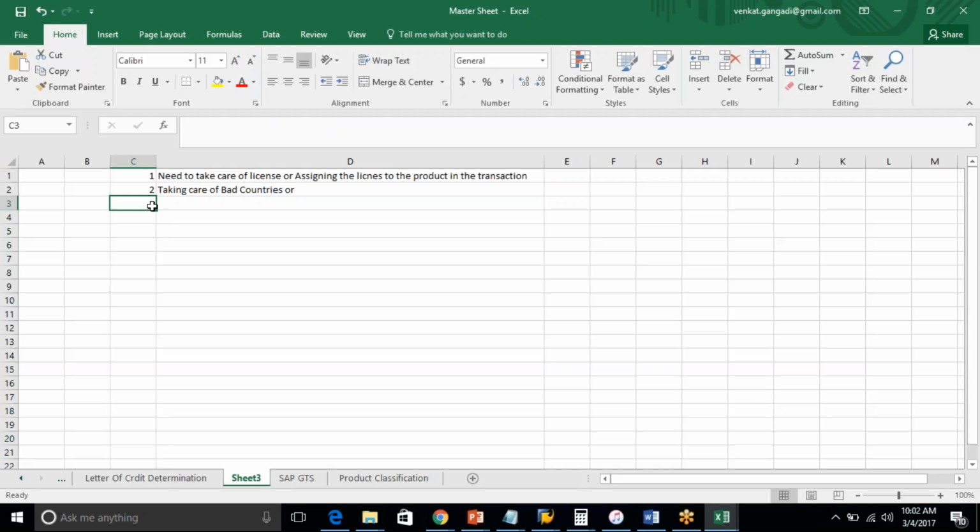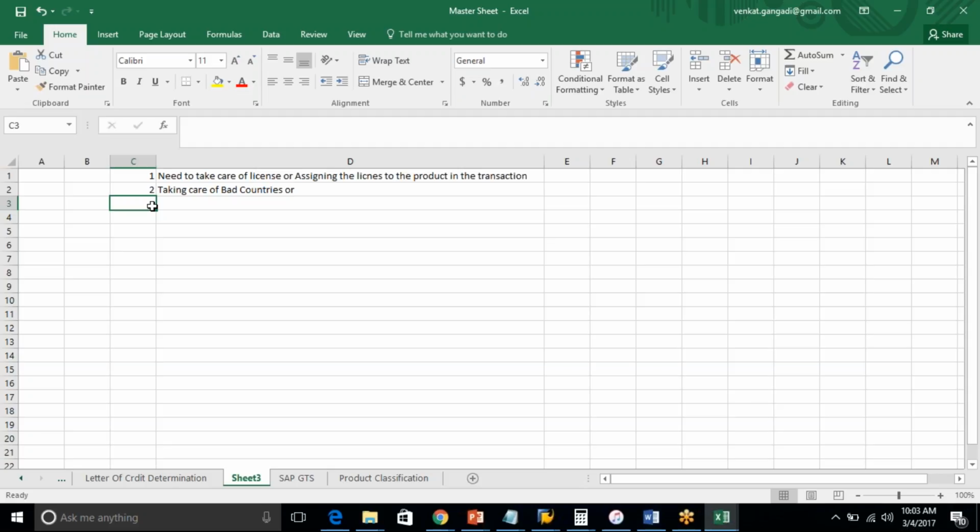Okay, next. And also customers. Yes, very good point. Apart from the bad countries, we also need to think about whether the customer or the vendor you are dealing with is good. Generally, if it is an import transaction, you deal with international vendors. If it is an export process, you deal with international customers.